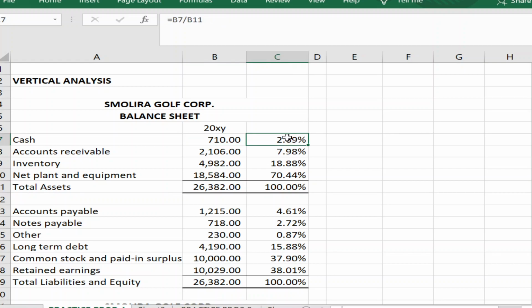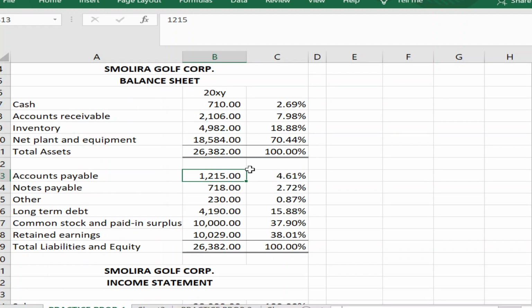So we will get 2.69%, and you have to do the same for the rest. So 2,106 divided by 26,382, and so on. The same goes with this one: 1,215 divided by 26,382, and you will get 4.61, and so on.